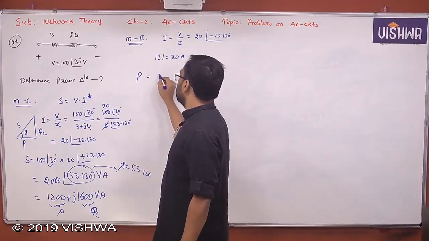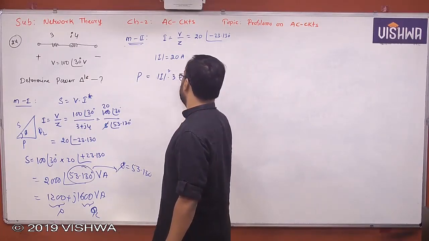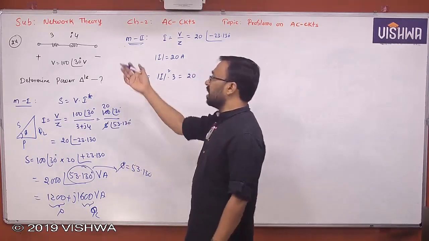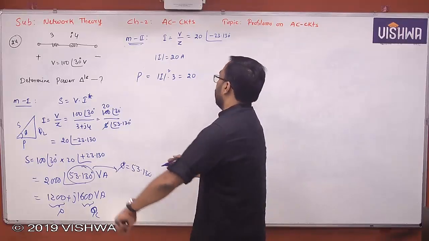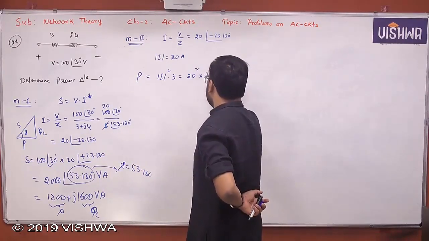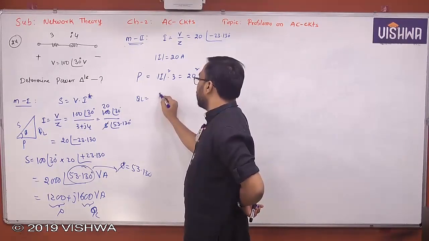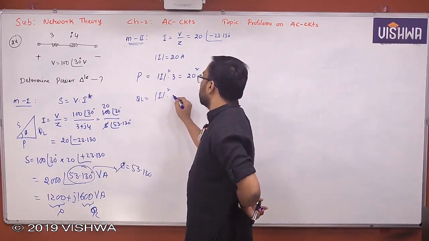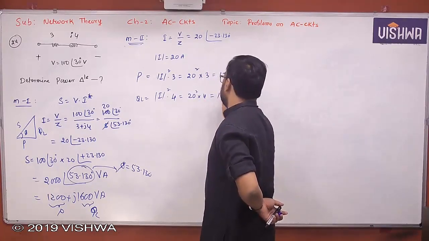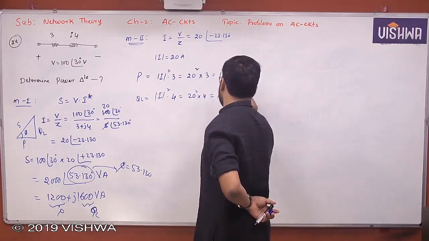So active power is magnitude of I square into R, that is 20 square into R. In this case, I and IR are the same because it's a series circuit. Therefore 20 square into 3, you will get again 1200 watts. QL will be IL square XL. What is XL? 4. So 20 square into 4, 1600 volt amp reactive.